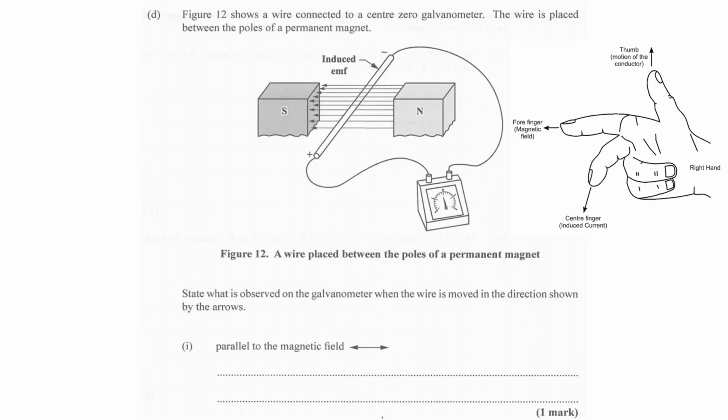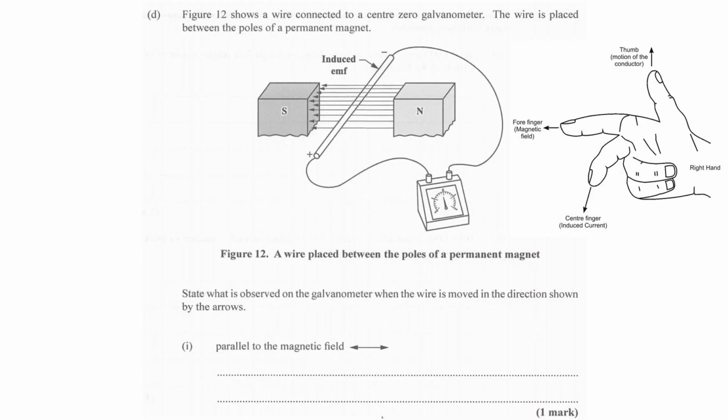So Fleming's right-hand rule, as you see there, you would place your right hand with the three fingers, each perpendicular to each other, I meant to say. And so you would first place your forefinger, or your index finger as it's also called, in the direction of the magnetic field, going from north to south.